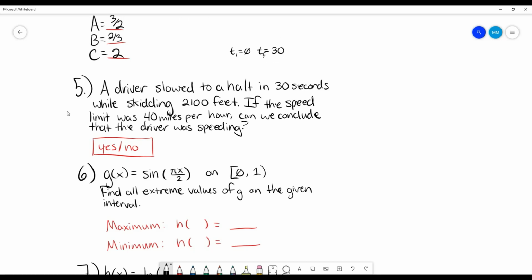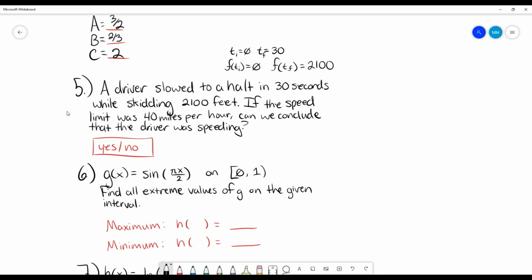And I know that whatever our function is, f at that initial point is going to be 0, because they haven't traveled any yet, because this is their starting point. I know that the function at this end time here is going to be this distance they traveled, because we're thinking about the function of the distance they traveled.